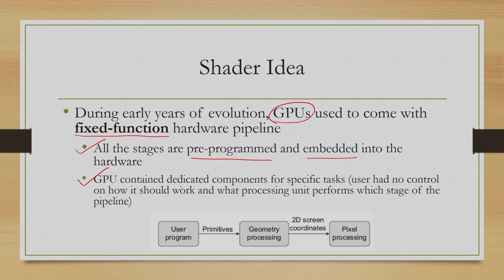The GPU contained dedicated components for specific tasks, and the user had no control on how these tasks should be performed and what processing unit performs which stage of the pipeline. So, everything was predetermined, which component of the GPU will deal with which part of the pipeline, and the user had no control on it.